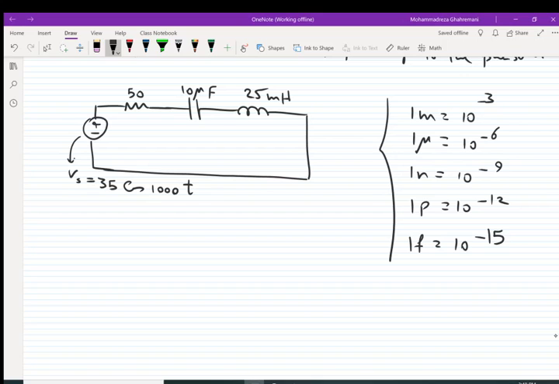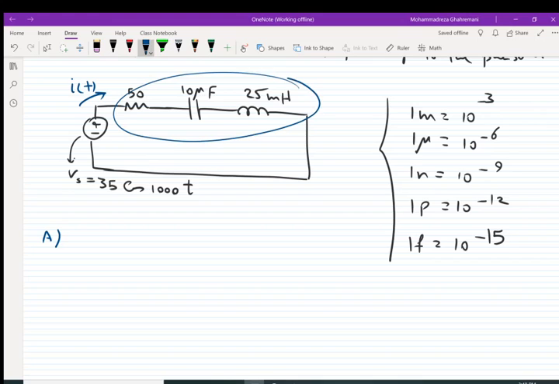Now, part A says find phasor current I. By the way, current I is the current moving through the entire circuit. In order to find current I, the first thing we need to do is write these values of the elements and voltage source in phasor form, because now they are in farad, henry, ohms, and waveform.